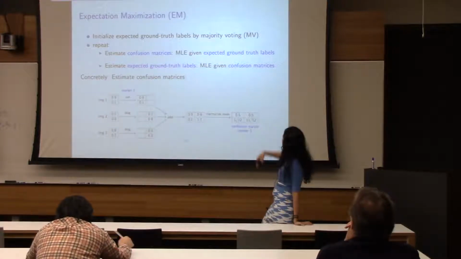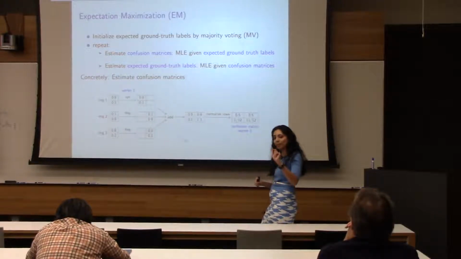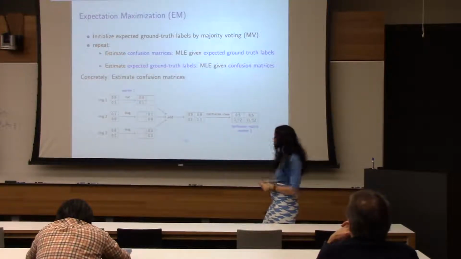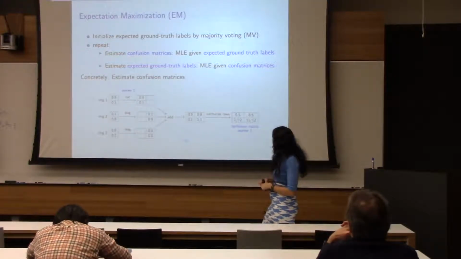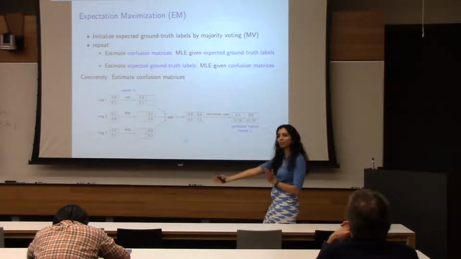So you can go ahead and estimate the confusion matrices. The confusion matrix is the probability that this annotator will flip a category to another category, right? So it's that matrix. And if I had the true measure of this confusion matrix, I could just do a weighted loss minimization, right?